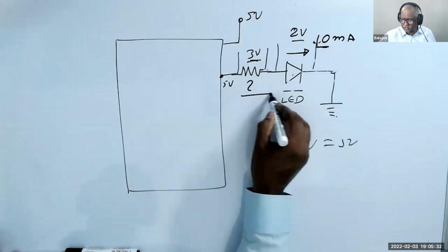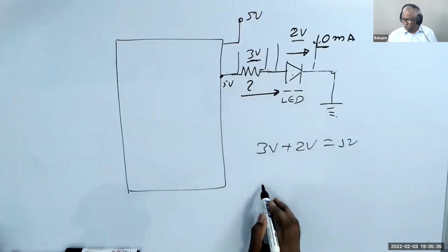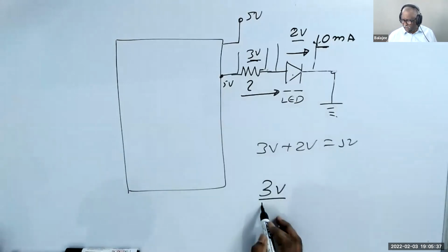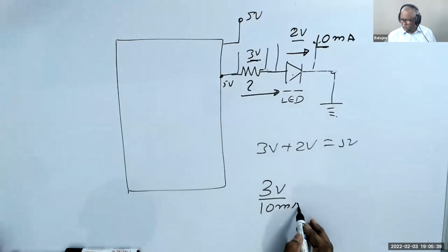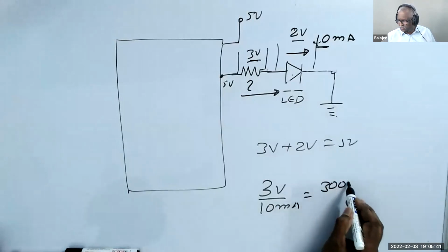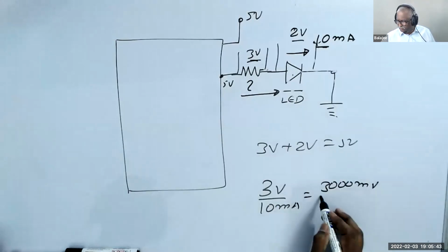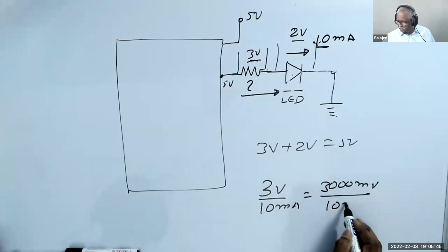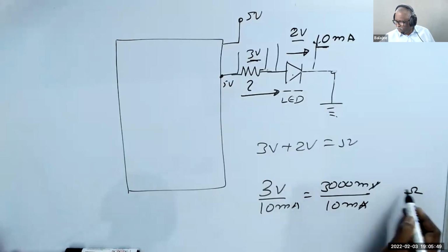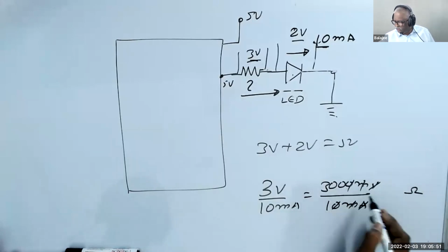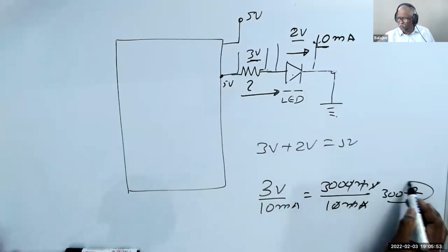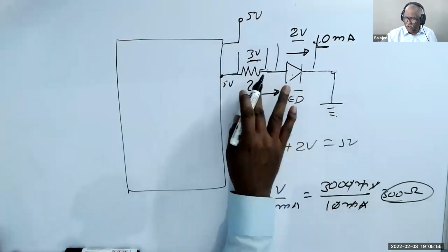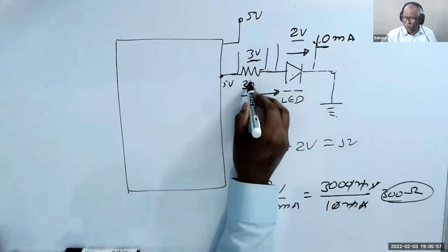Both are in series. So 3 volt divided by 10 milliampere, so 3000 millivolt divided by 10 milliampere. Volt by ampere is ohm, so it is 300 ohm. This is what we discussed in the class. So we can find the resistor is 300 ohm.